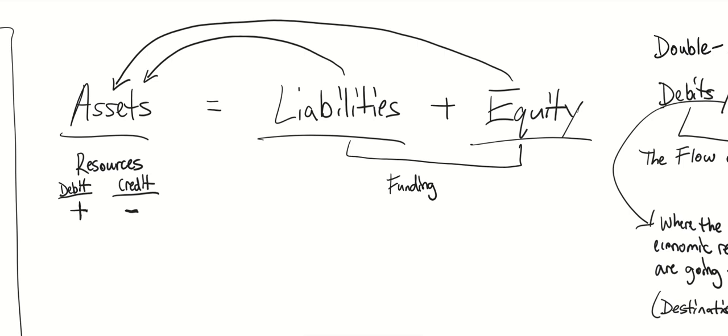Liabilities is going to be opposite of assets. When you debit a liability account, you are decreasing the balance in that account. When you're crediting a liability account, you are increasing the balance in that account. Completely opposite from assets when it comes to the recording part of this.